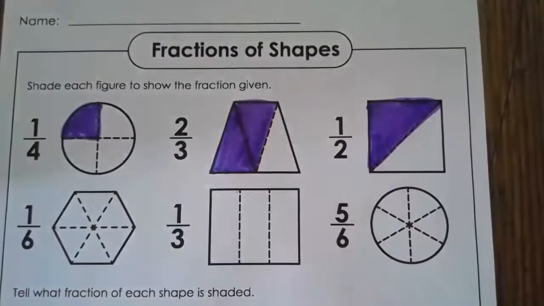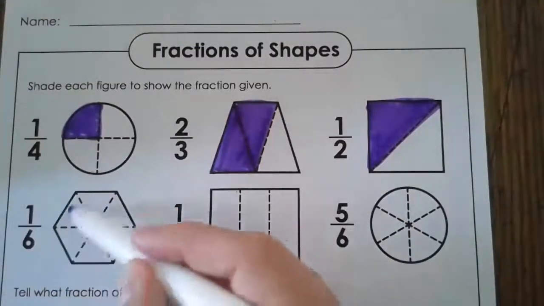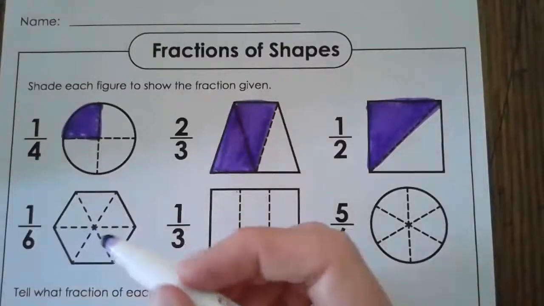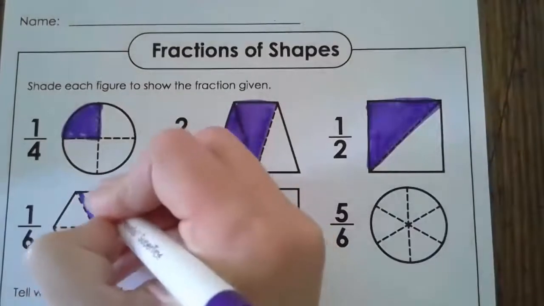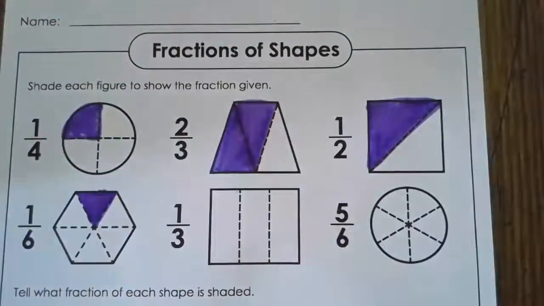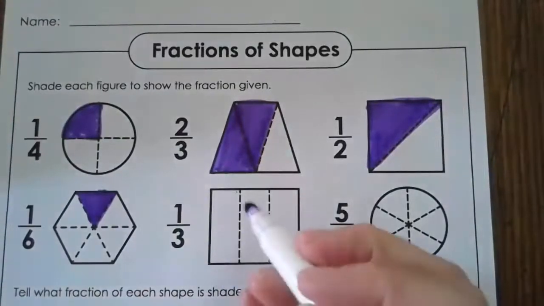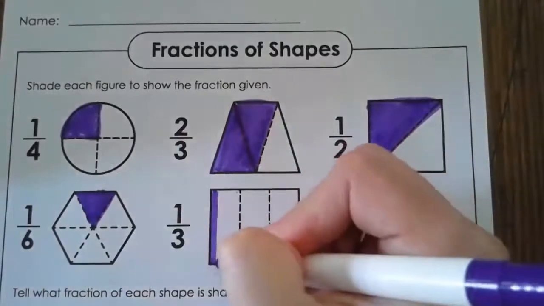In the next part, our hexagon is being divided into 6 pieces. We want to show one of them as shaded. 1/6 of the shape is shaded. In the next shape, we would like to show 1/3 as shaded.